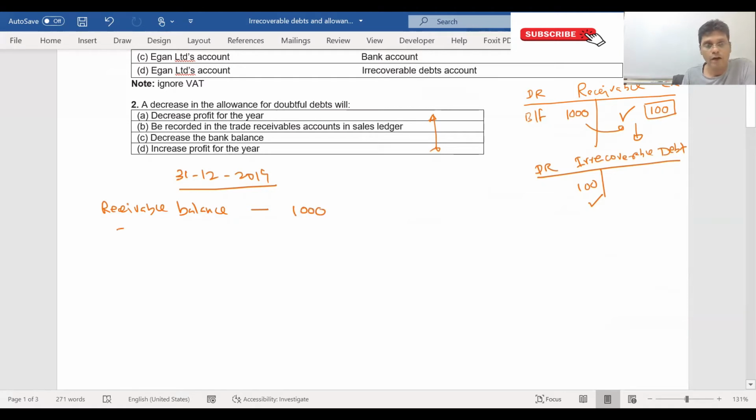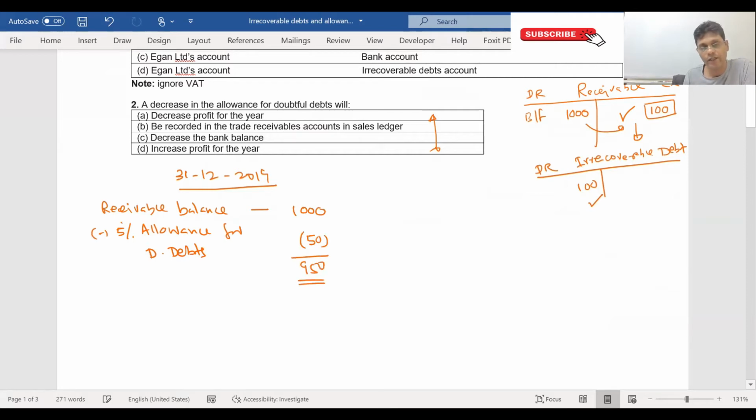Now, let's say we made a general provision, 5% allowance for doubtful debts. So how much will that be? 5% on 1000 will be 50. Then your net receivable will be 950.